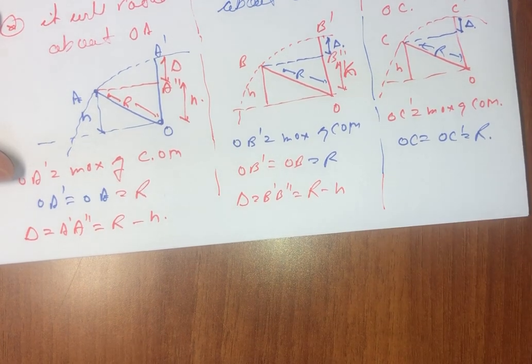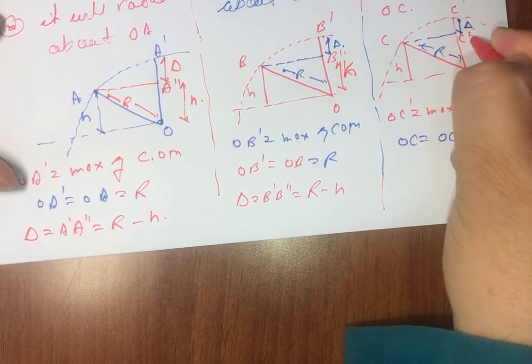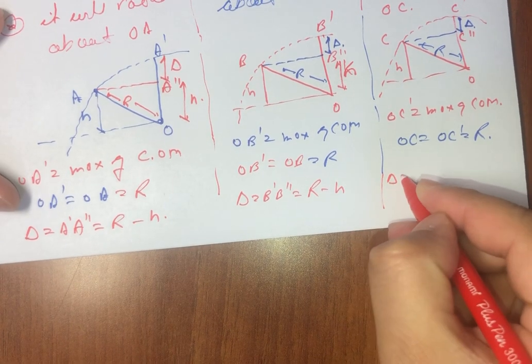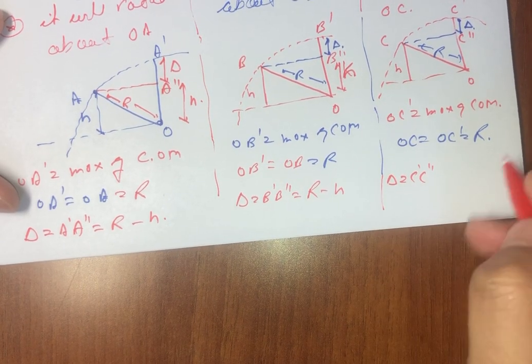And in the last case also, let us call this as C double prime. So delta is equal to C prime C double prime.